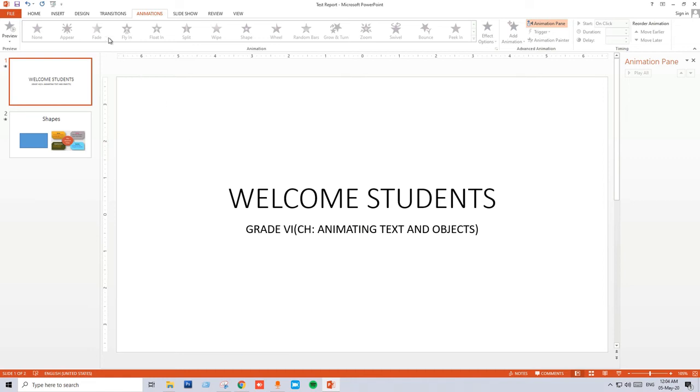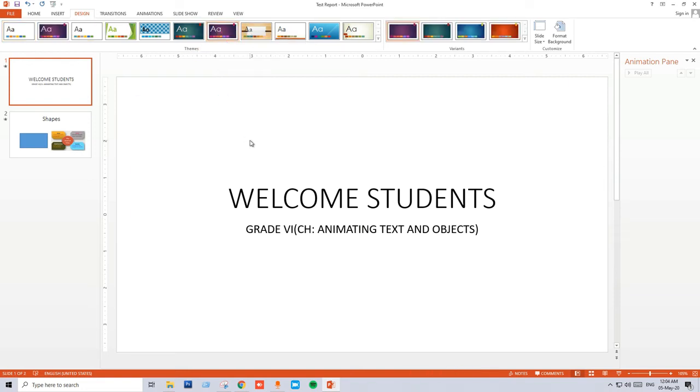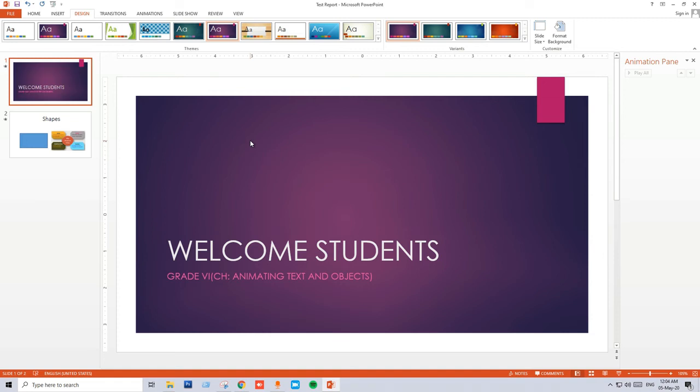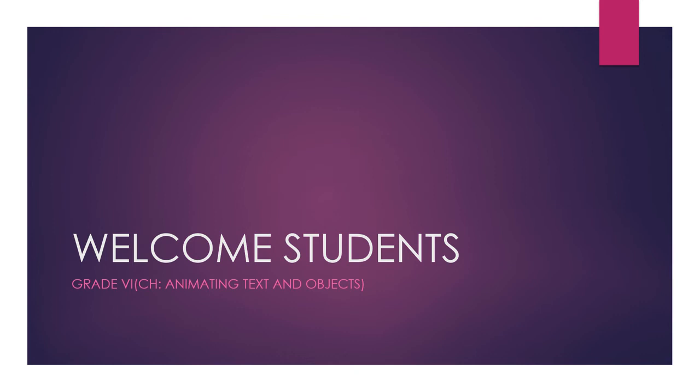So let me give this a different color and style. Now my first slide looks completely different from the second one in color and design. If I press the F5 key to show a slideshow, you observe that when I move from the first slide to the second one, there is an abrupt change.